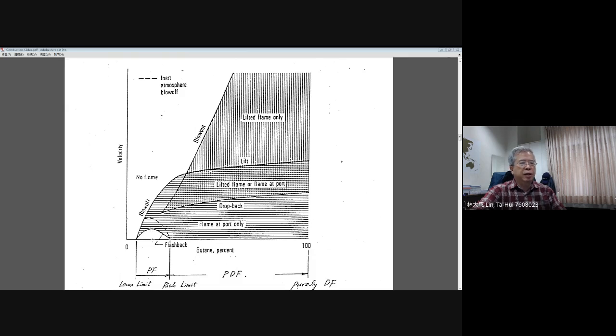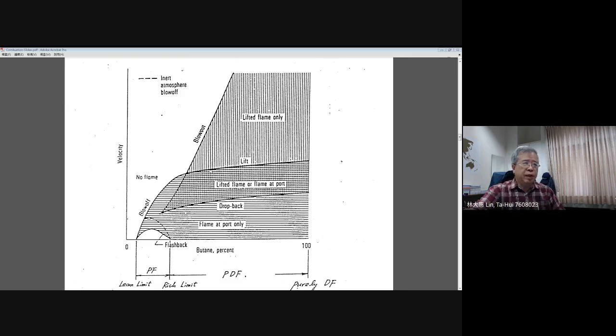Maybe in this condition, you may assume the mixture is a slightly rich butane flame, right? Okay, and for a given percentage of butane mixed with air, the mixing ratio, you will have a burning speed, right? And this burning speed allows you to stabilize your flame in the jet flow.